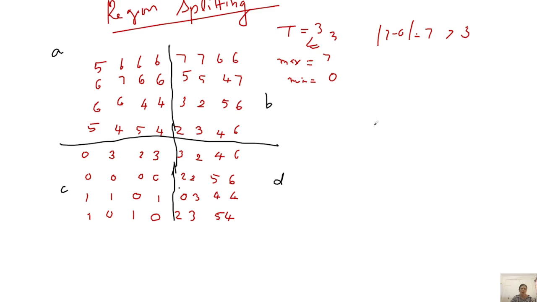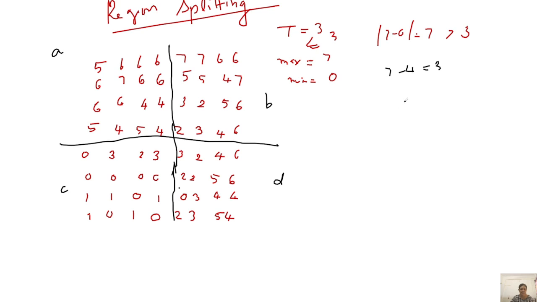What is the maximum pixel I'm getting for the region A? The maximum pixel is 7, and the minimum pixel is 4. So 7 minus 4 is equal to 3. So it satisfies the condition, and there is no need to split A. Next I'm going to see the region B. What is the maximum pixel?